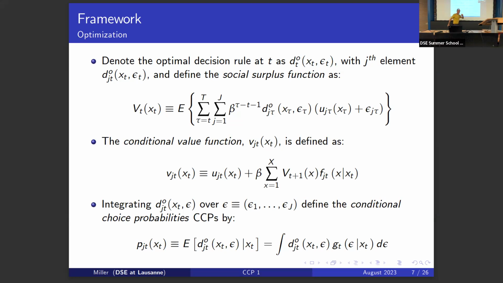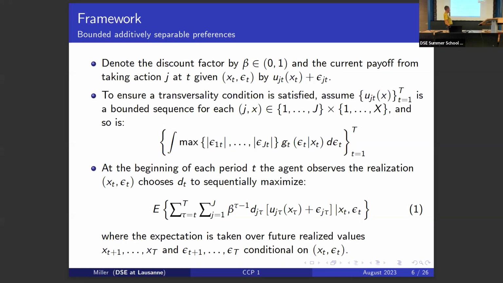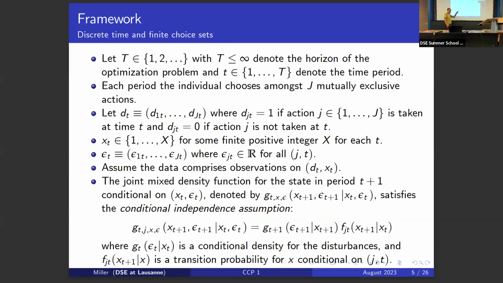So small j are the states of the world? Sorry? The small j are the states of the world, like the possible realizations of the error or of the shock. Okay. So just to move back a little bit. Here is how the shocks move. It's okay. Everyone has questions that everybody else is thinking.